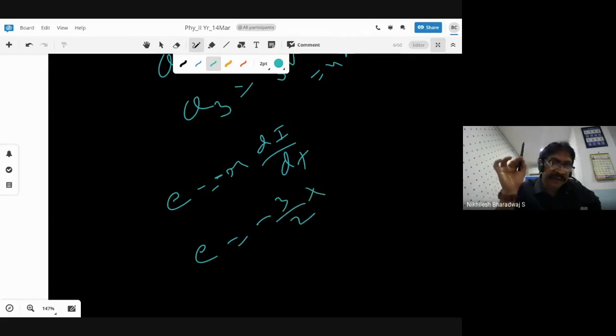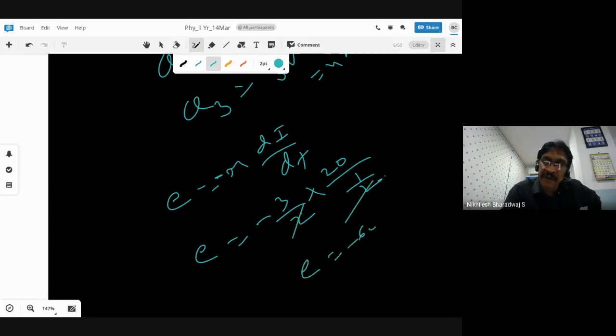I can write it as 3 by 2. What is the di? The current increases from 0 to 20. So 20 minus 0, 20 by dt. dt 0.5. I can write it as 1 by 2. So you will get E is equal to minus 60.